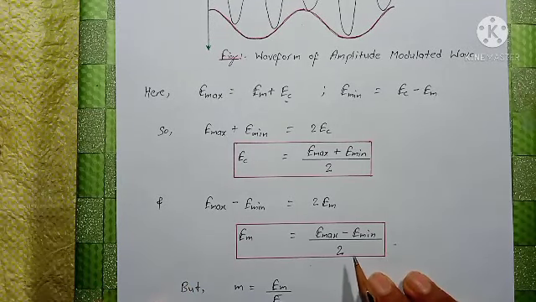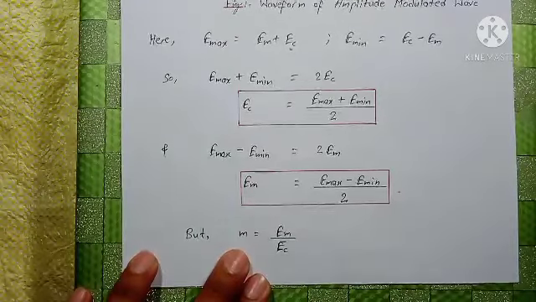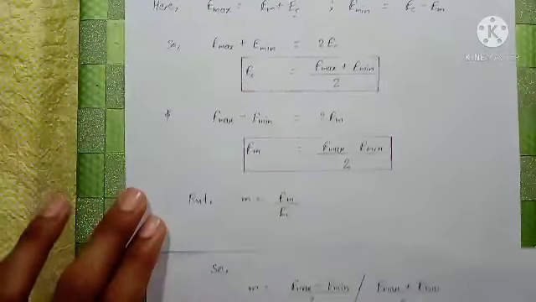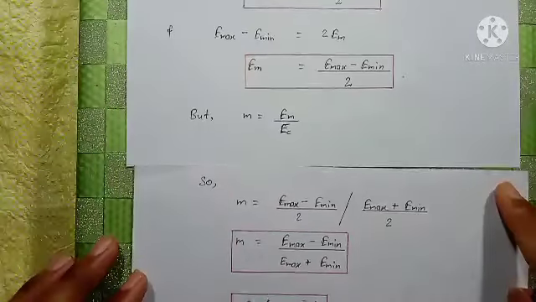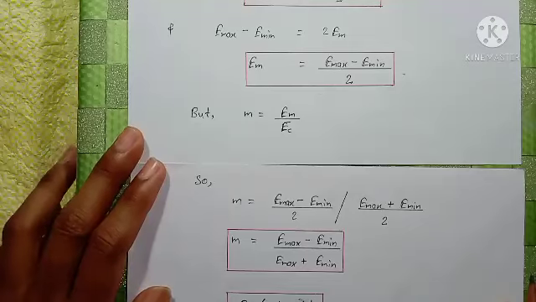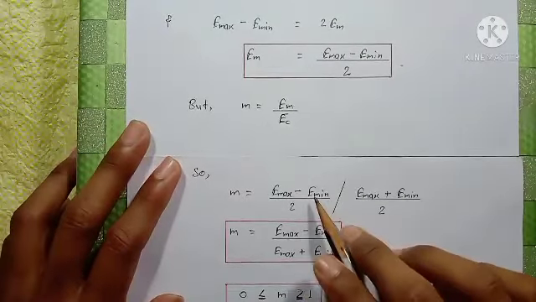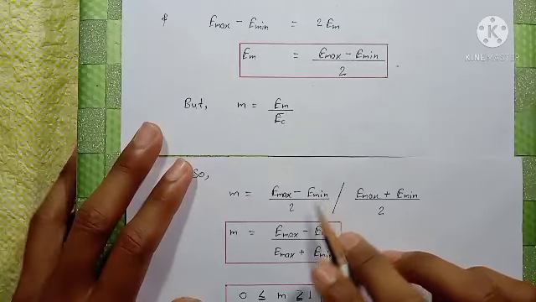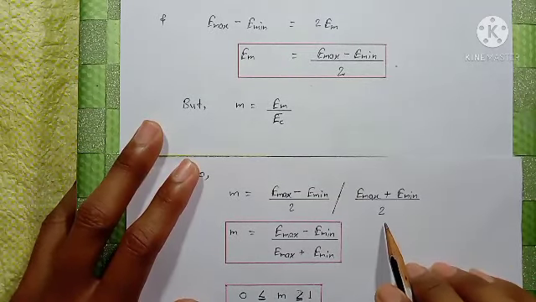But we know that m is equal to Em divided by Ec. So we put in the values, and we get m is equal to Emax minus Emin divided by 2 over Emax plus Emin divided by 2.